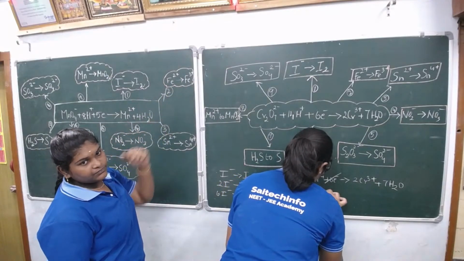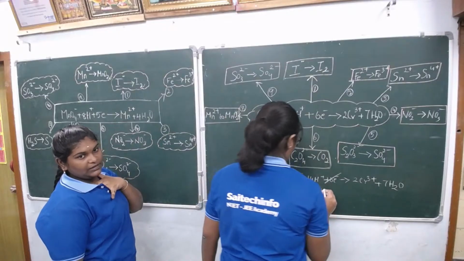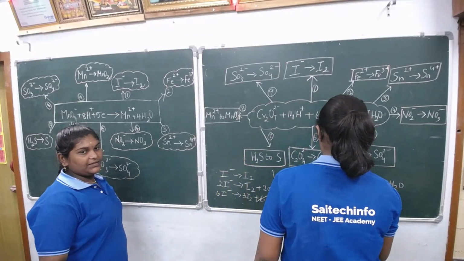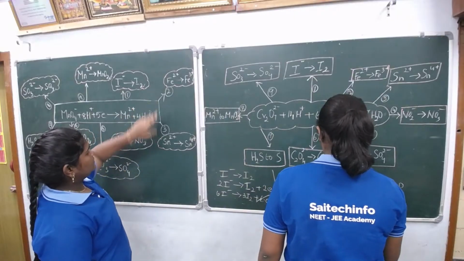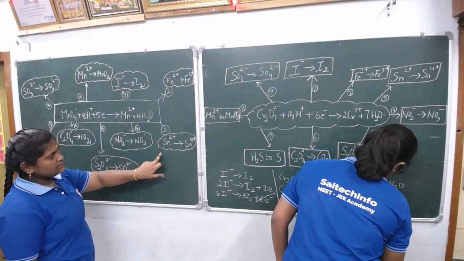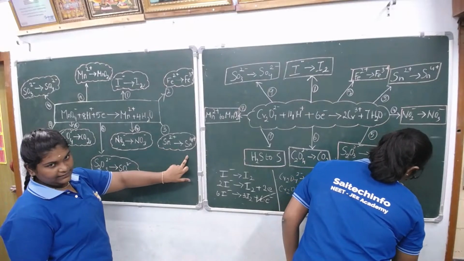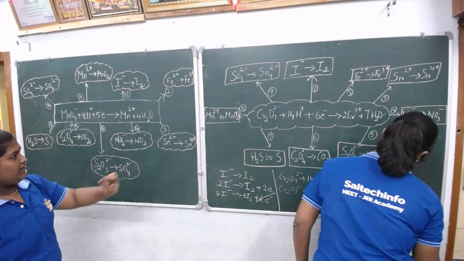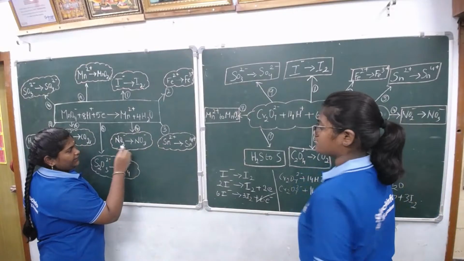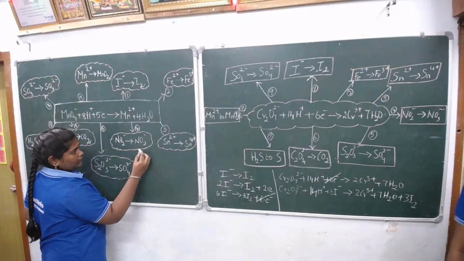For instance, ferrous chloride becomes ferric chloride, ferrous sulfate to ferric sulfate. Next is Sn2 plus to Sn4 plus, stannous to stannic. Then nitrite to nitrate, NO2 minus to NO3 minus.